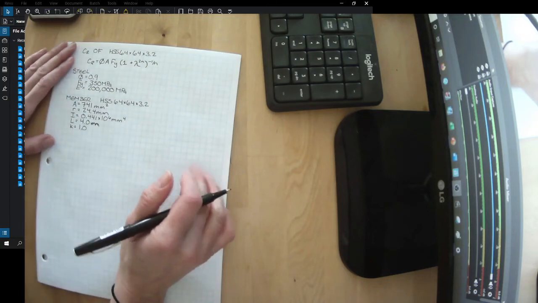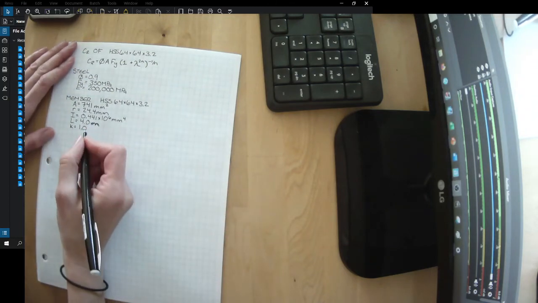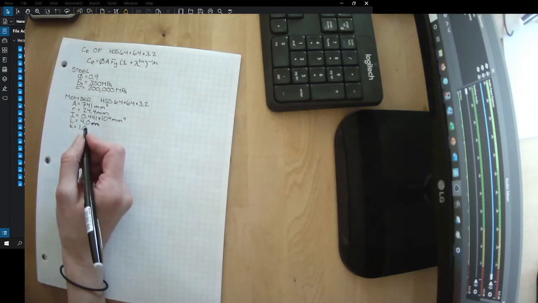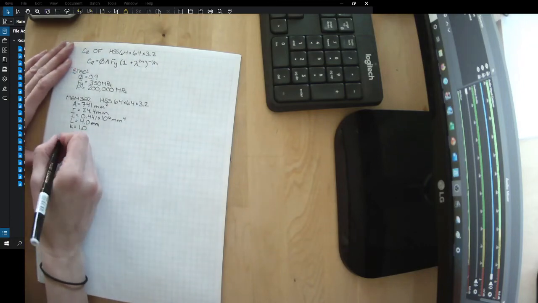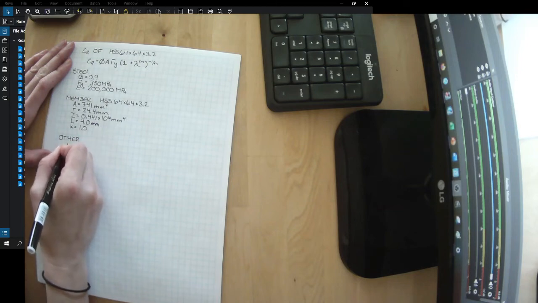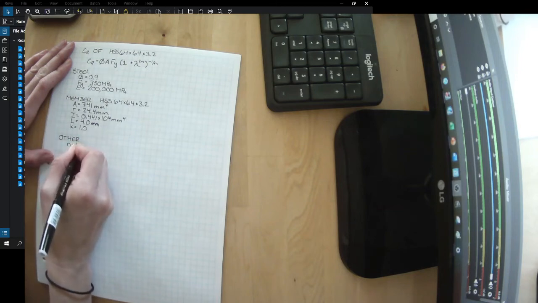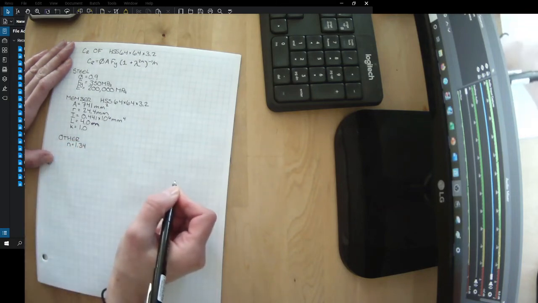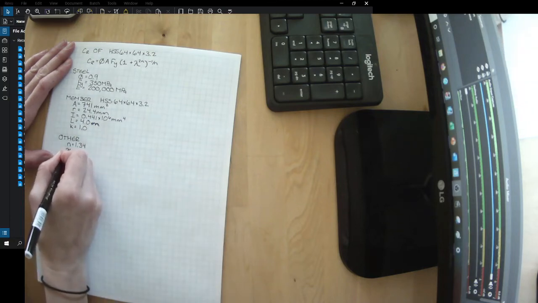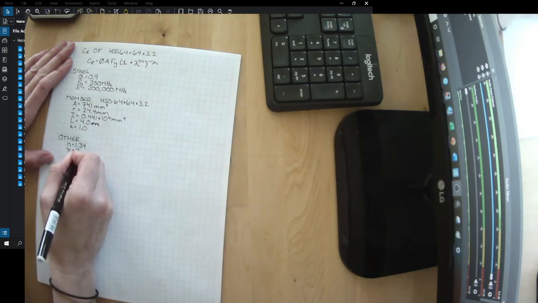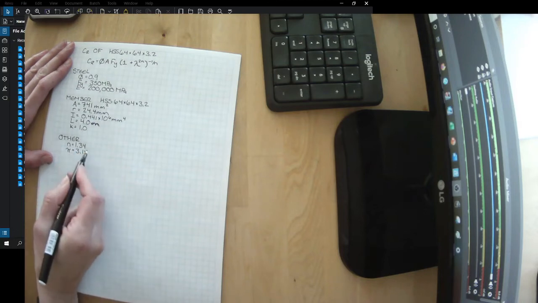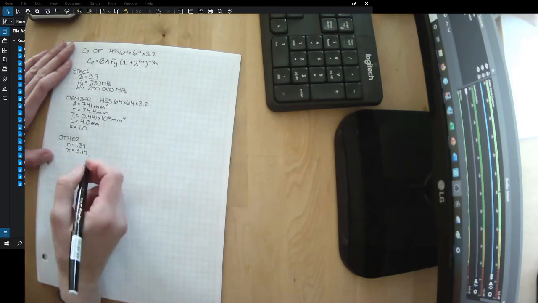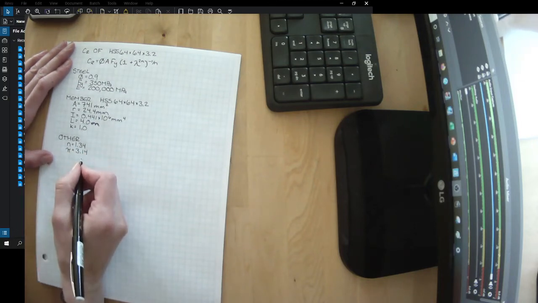And then there are a few other weird things that we can calculate, or we know. So let's just write other here. N equals 1.34. We've been given that. Pi equals 3.14. I know, what a weird coincidence that these numbers use the same digits.